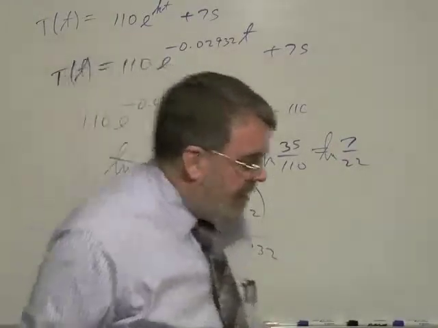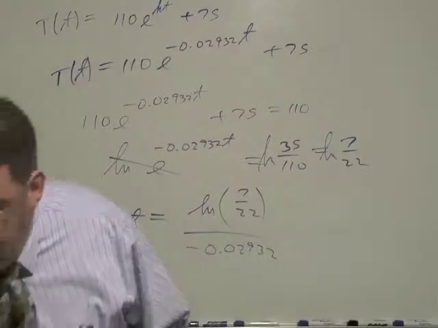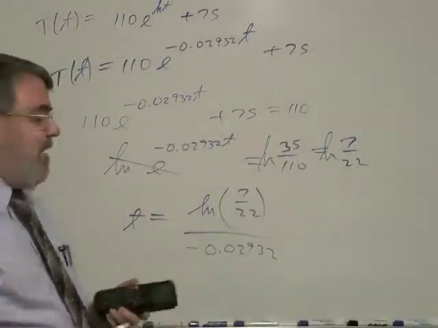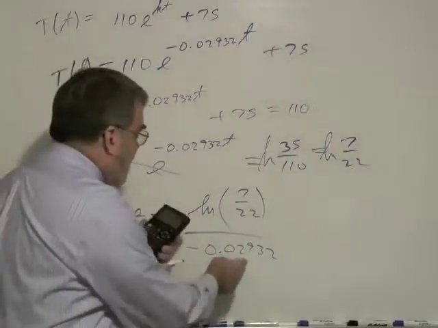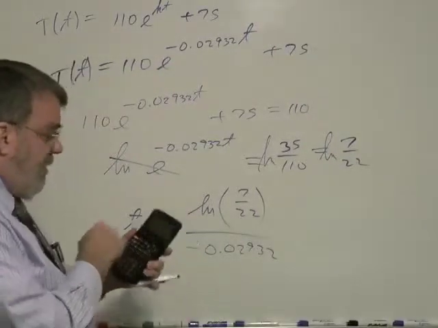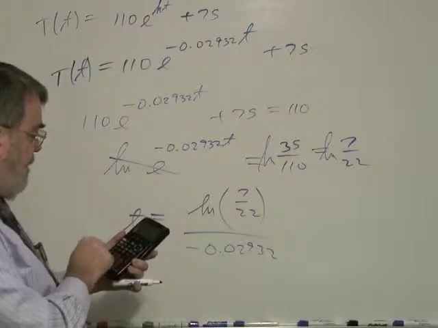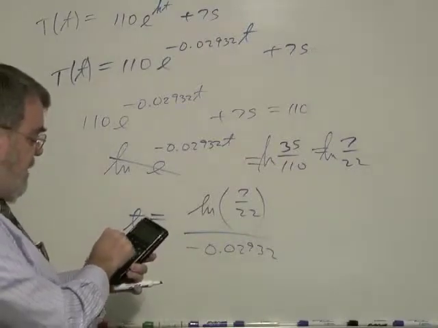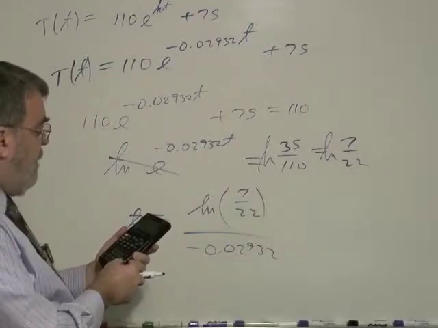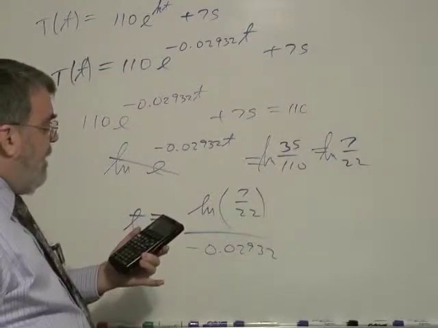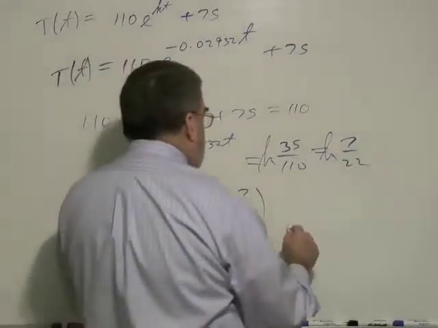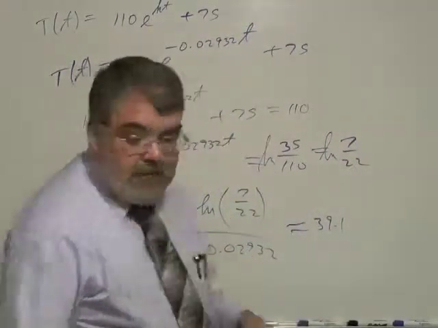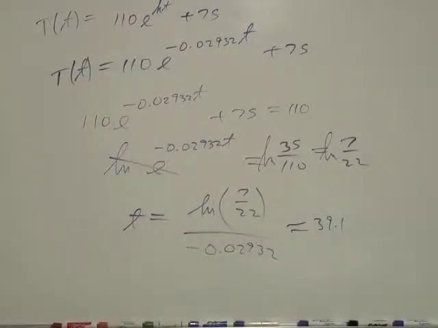Now, in my calculator, I kept all the decimals of this, so I'm going to get the most accurate answer I can because I just have this sitting in my calculator with all the decimal places. So natural log of 7 divided by 22, and then divided by that number, gives me about 39.1 minutes. So it takes about 39 minutes.